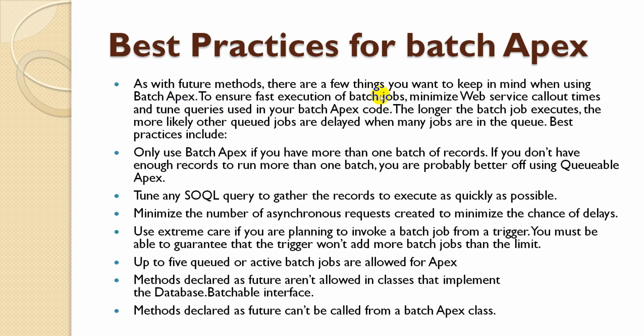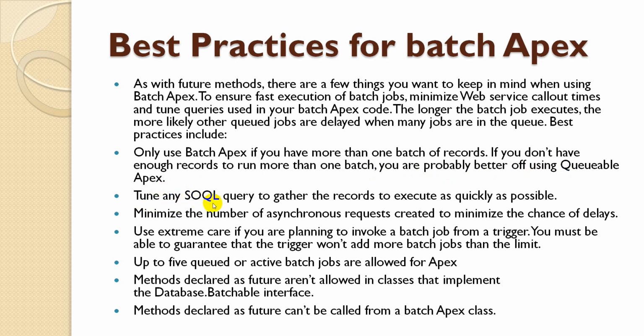To ensure fast execution of a batch job, minimize web service callout times and tune queries used in your batch code. The longer the batch job executes, the more likely other queued jobs are delayed when many jobs are in the queue. Best practices include: only use batch Apex if you have more than one batch of records. If you don't have enough records to run more than one batch, you are probably better off using Queueable Apex.